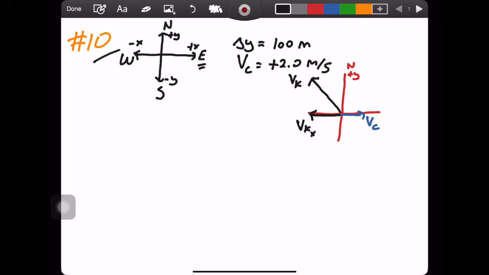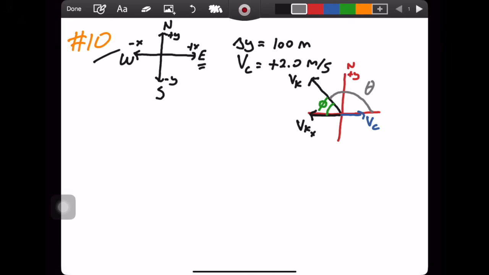Now, I want to also use this as an opportunity to show you how you can use SOHCAHTOA to figure out with trigonometry how you can use the different legs of a triangle to figure out the sine, the cosine, and the tangent. So I'm going to define this angle right here as phi. That's in contrast with the angle that I just drew, which is the angle swept from the positive x-axis to the vector. That is theta.